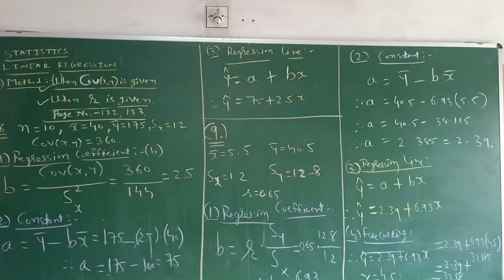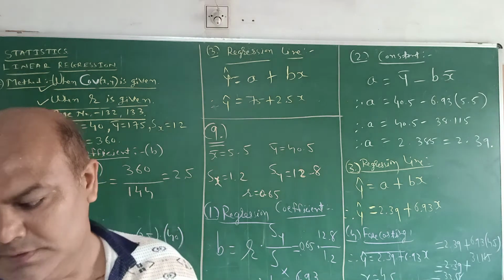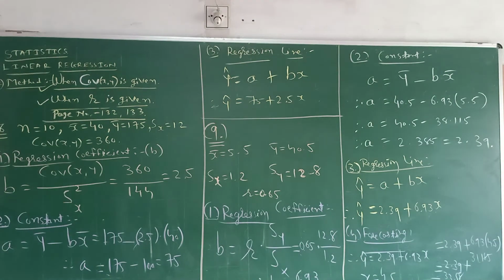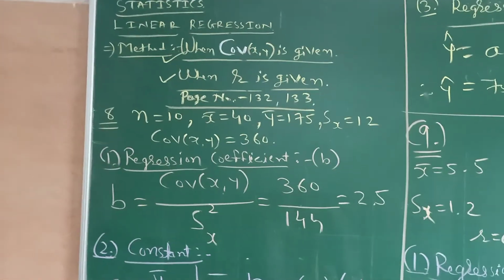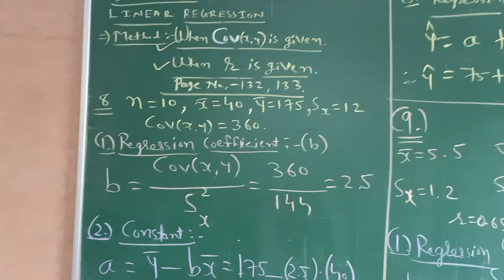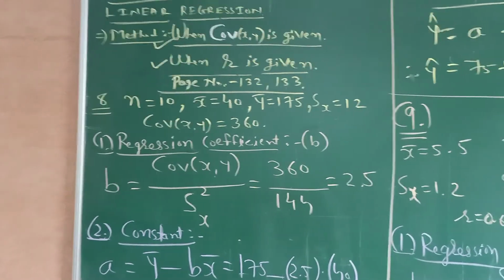So the fast recap of the whole video lecture, whole sum, is we can do like this. The two methods we cover in this particular video: first, when covariance xy is given, and then when R is given.